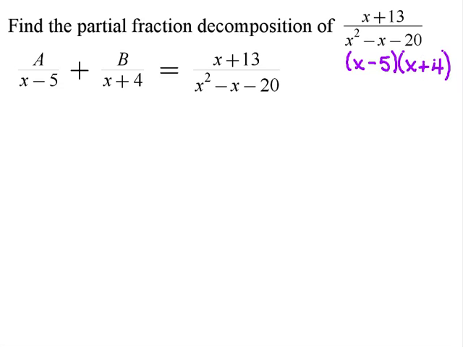What I've done is split this up: A over x minus 5 plus B over x plus 4 will equal that. And if you didn't want to have the x squared minus x minus 20, you could just put x minus 5, x plus 4 right here if you wanted to.